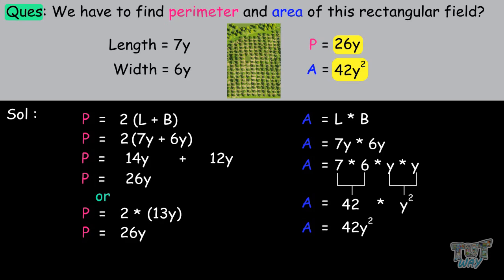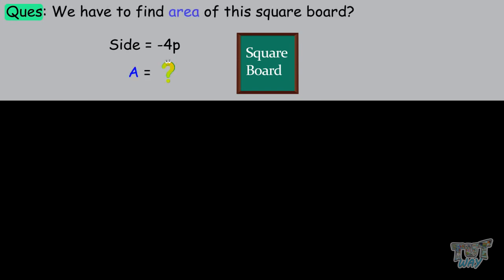Let's move on to the next question. Here we have a square board, and the side is -4p. What will be the area of this square board? Area of a figure is calculated with the formula side times side. Side is -4p, so we plug that in. -4p times -4p.